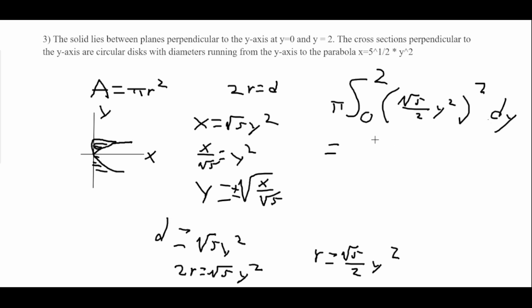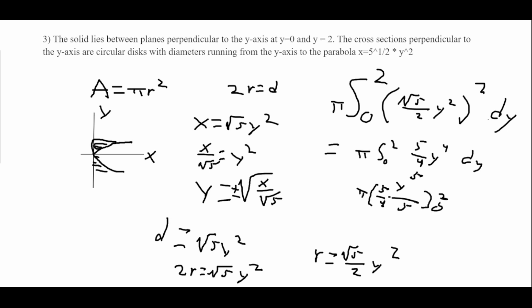When you simplify the integral, you're going to have pi, the integral from 0 to 2, of 5 over 4 y to the 4th dy. For the simple integral, you just do y to the 5th over 5, and the 5's cancel here. Then evaluate on the outside.